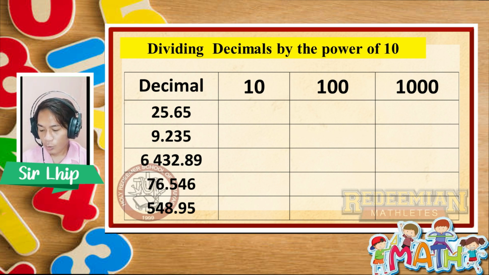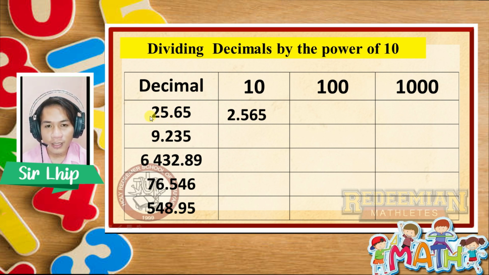Example, 25 and 65 hundredths divided by 10, 100, and 1,000. 25 and 65 hundredths divided by 10 equals, move 1 to the left. The answer is 2 and 565 thousandths. 25 and 65 hundredths divided by 100. Move 2 to the left.